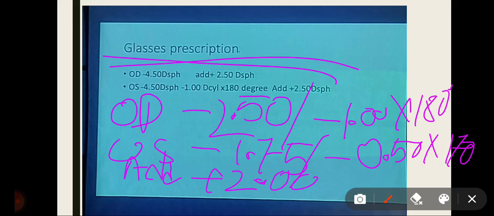These are all in diopter, and PD is 63 millimeter. This means OD for the right eye.